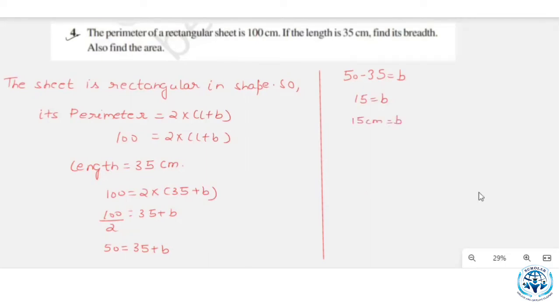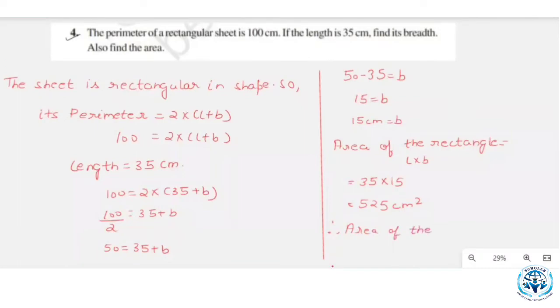Now we will find out the area. Area of the rectangle is length into breadth. 35 into 15 is equal to 525 centimeter square.